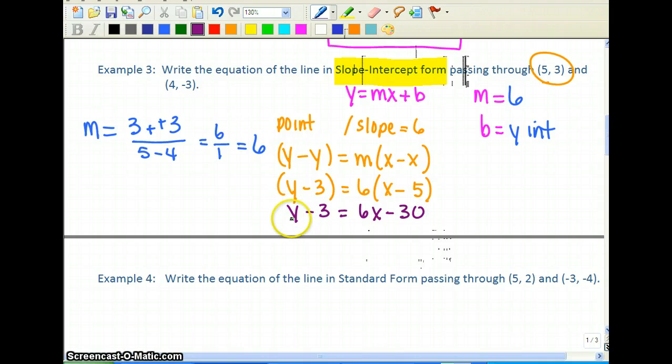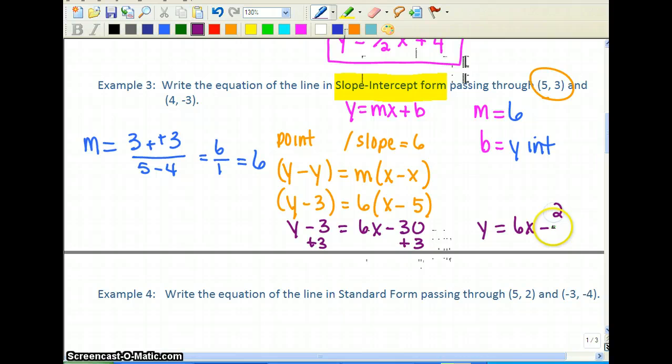Now I need to get this y by itself, so I'm going to add 3 to both sides. And my answer will be y equals 6x minus 27. And that's the slope intercept form. So if they wanted to know what b was, you'd now say, oh, that's negative 27.